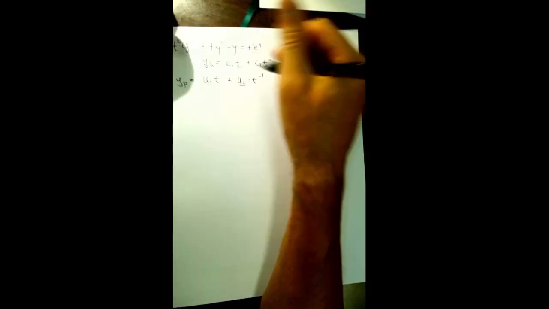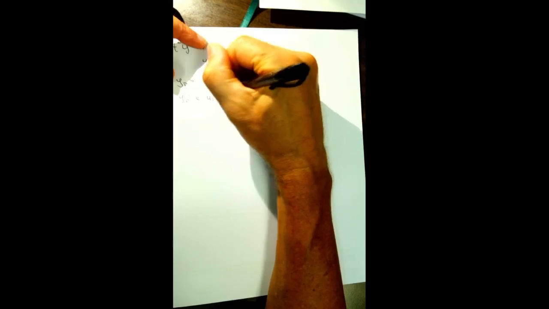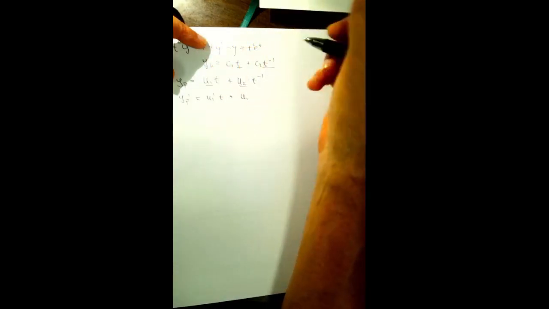But I got to be careful here. I got to use the product rule because u1 and u2 are functions of t, and I'm multiplying. And I'm going to make up the equation to get rid of the derivative terms after the first derivative. So yp prime is going to be u1 prime t, derivative of t is 1, derivative of u2 is u2 prime, and the derivative of t to the minus 1 is going to be minus t to the minus 2.